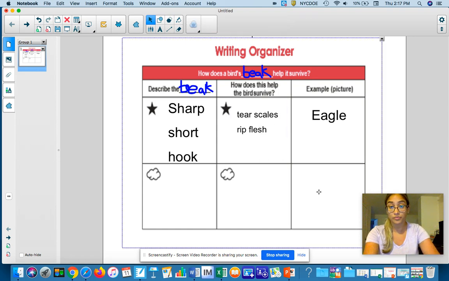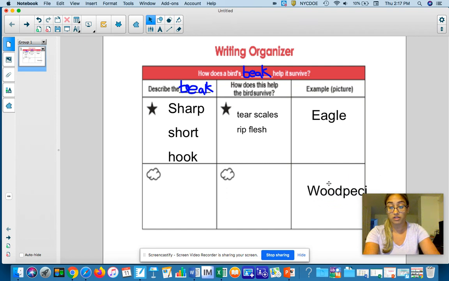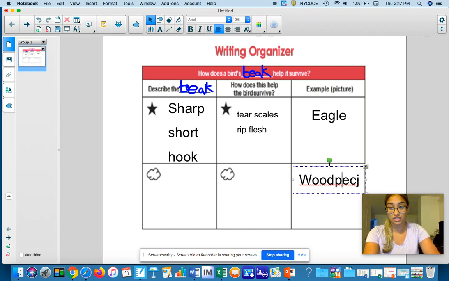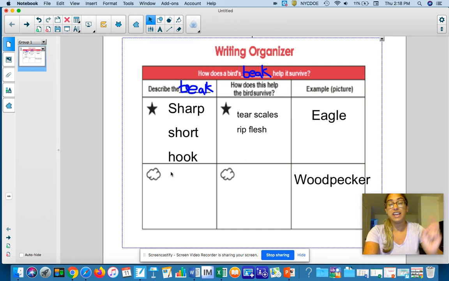Now the next bird I think I want to talk about is a woodpecker, because I also think woodpeckers are very interesting. So what does a woodpecker do? I know that they have to hit a tree all day long. So what kind of beak do they have?